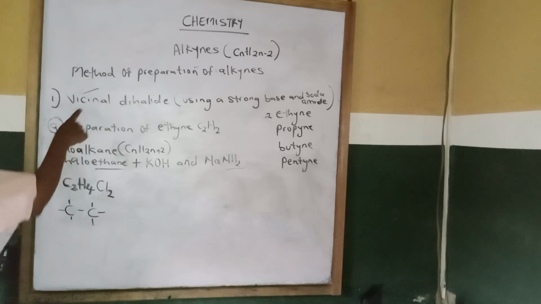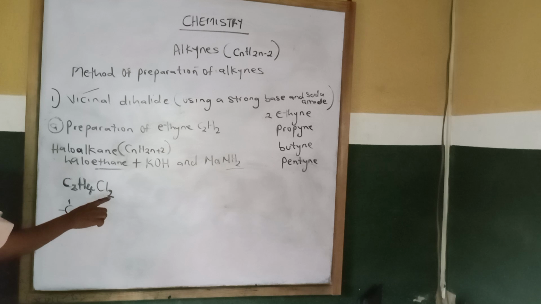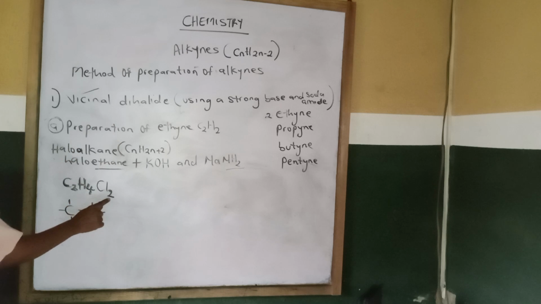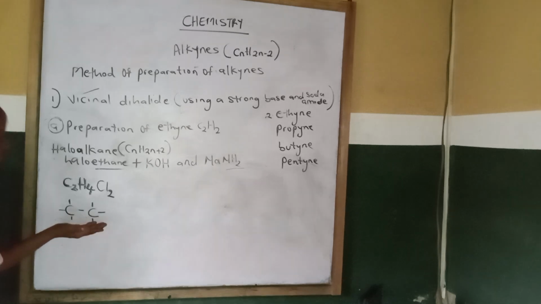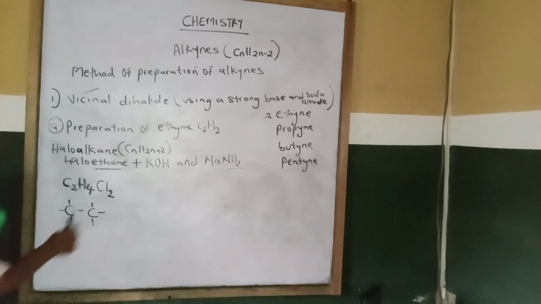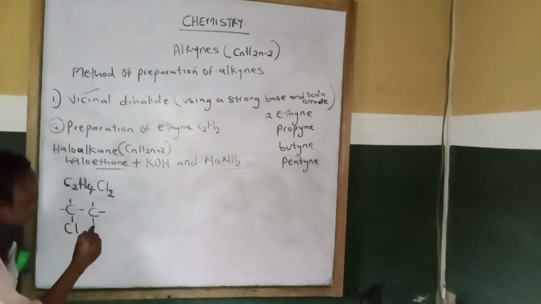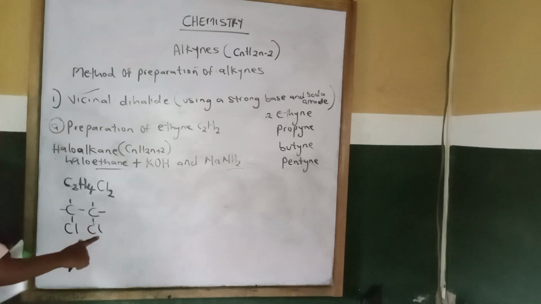Then don't forget that the word vicinal means when two halogens attach to adjacent carbon atoms. So these are the carbon atoms, and we are going to attach these 2 chlorine to the adjacent sides, chlorine here and chlorine here.